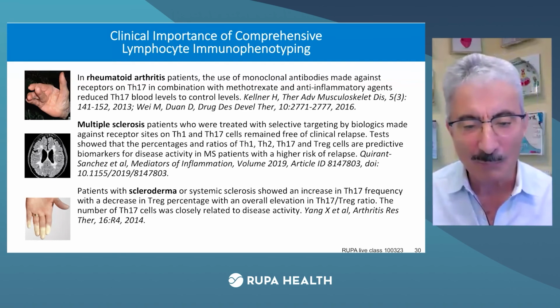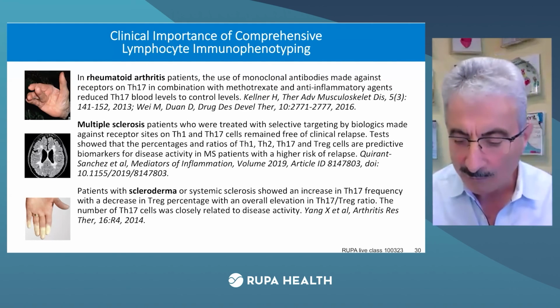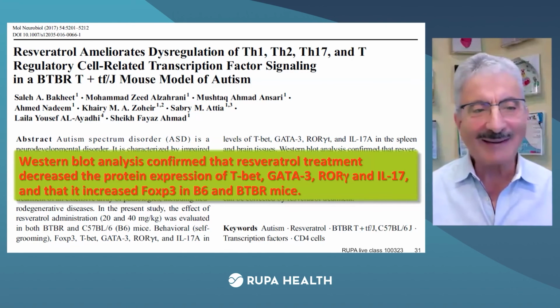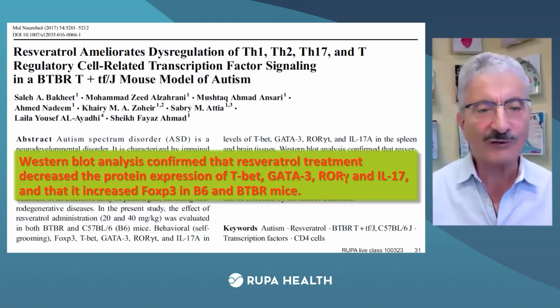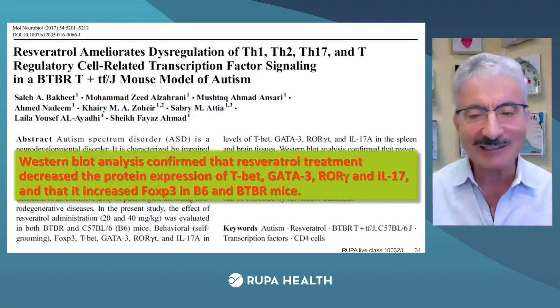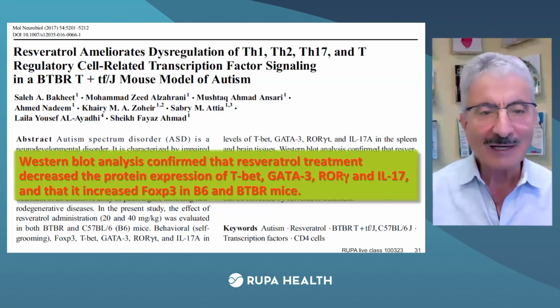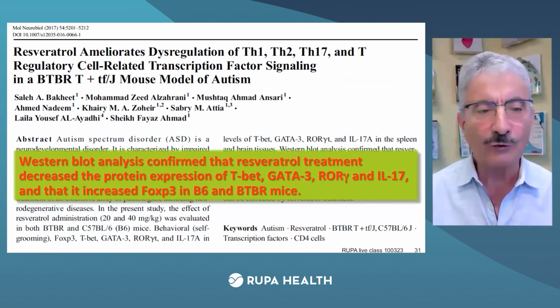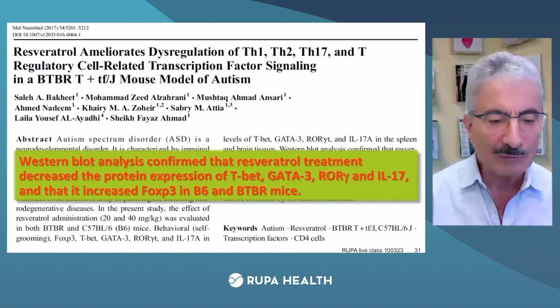and many more that I did not show in this presentation. Shown in animal models and also in patients with autoimmune diseases is the use of resveratrol. Resveratrol is known to repair the gut barrier and the blood-brain barrier, and therefore can also prevent neuroautoimmunity.